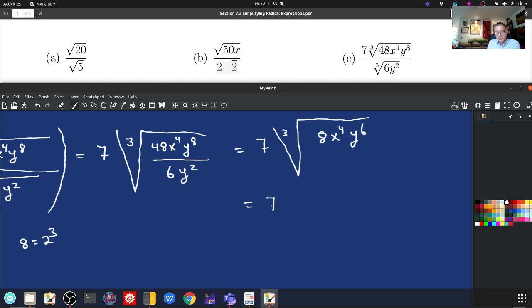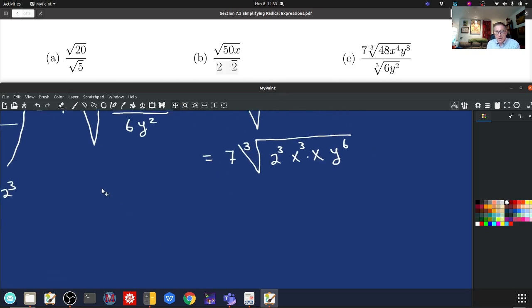So I have 7 times the cube root. I'm going to write 8 as 2 to the third, and x to the fourth as x to the third times x to the first. And I know I can do that because 4 is greater than 3. And y to the sixth I don't have to do anything to, because 6 is evenly divisible by 3.